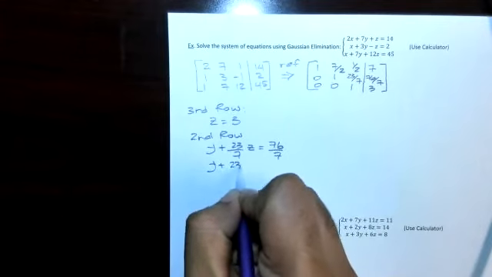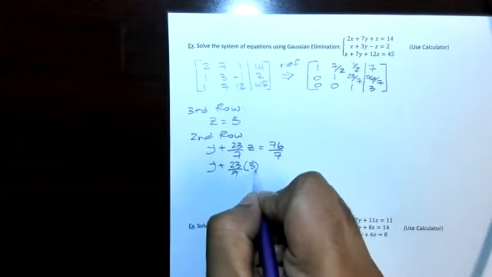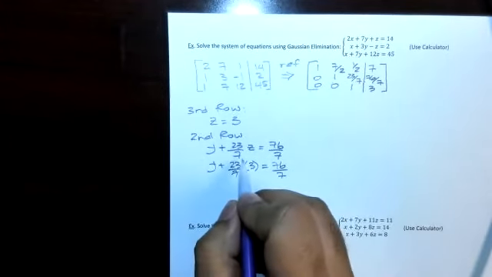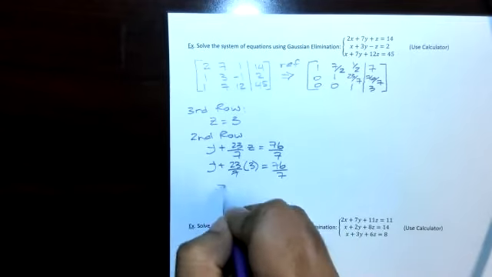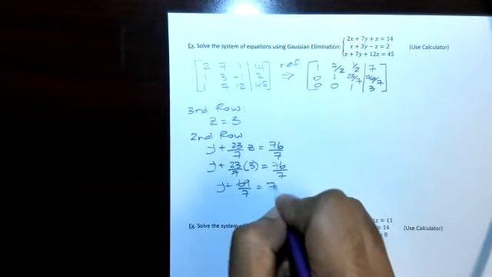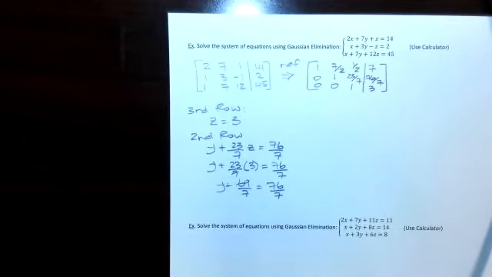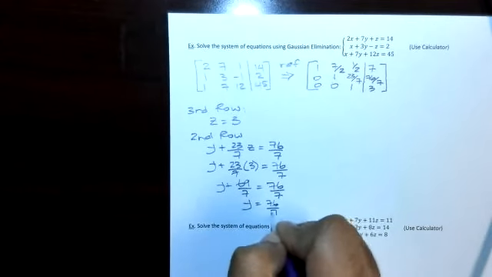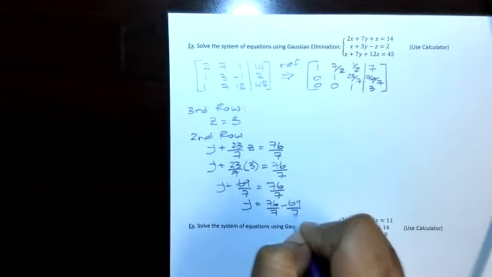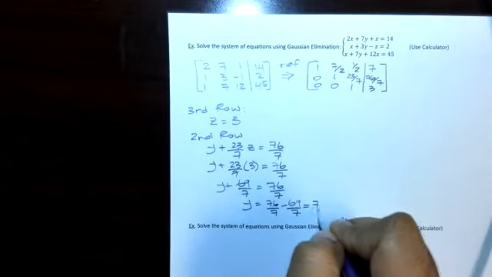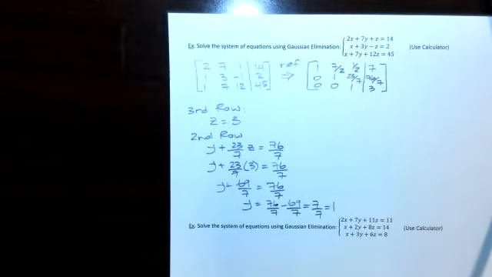So y plus 23 over 7 times 3 equals 76 over 7. 23 over 7 times 3 gives me 69 over 7. To get y by itself, I subtract 69 over 7 on both sides. So y equals 76 over 7 minus 69 over 7, which gives you 7 over 7, which equals 1.